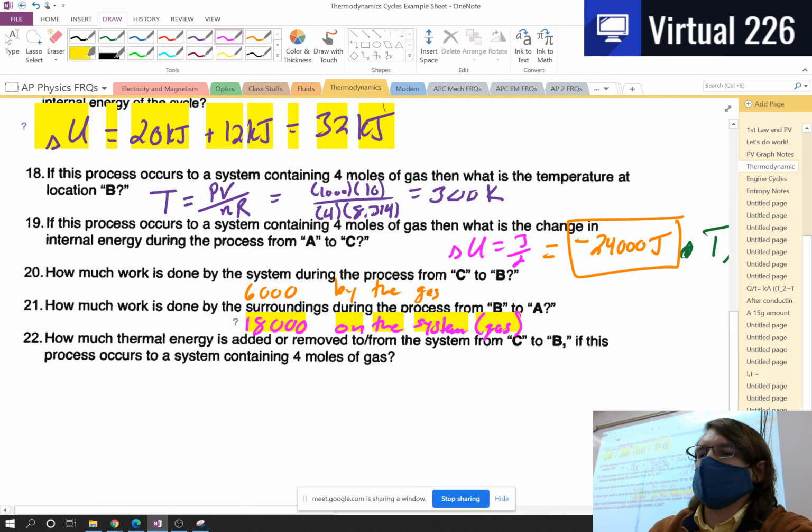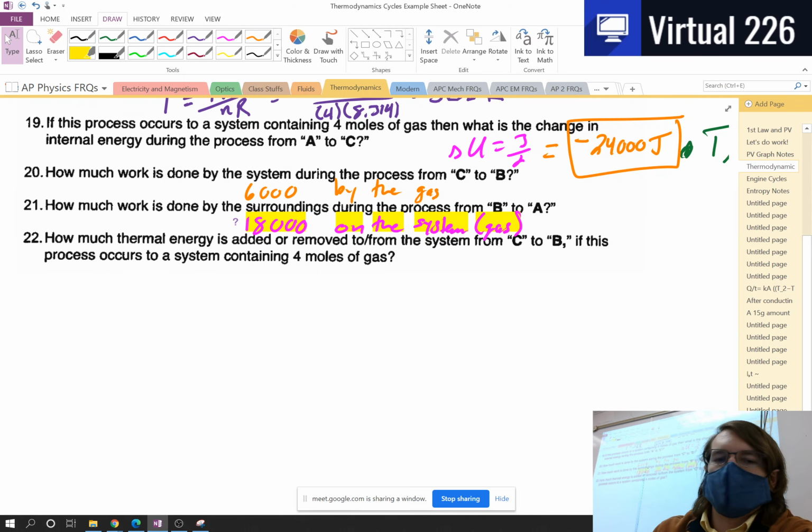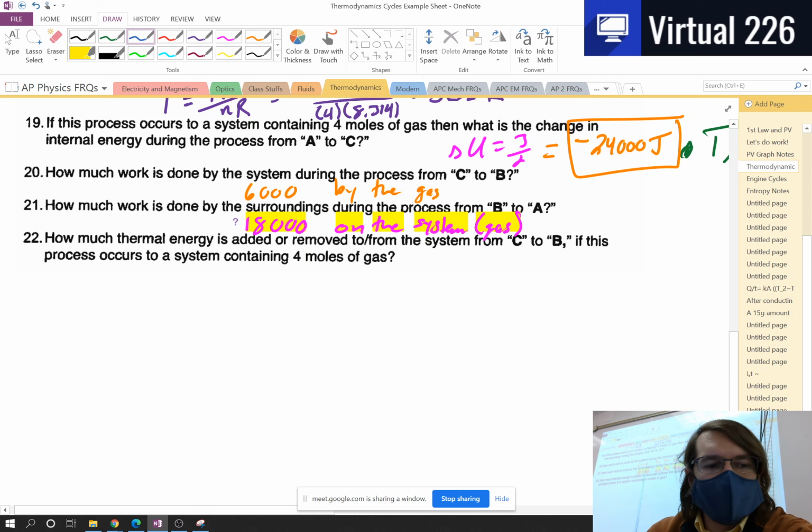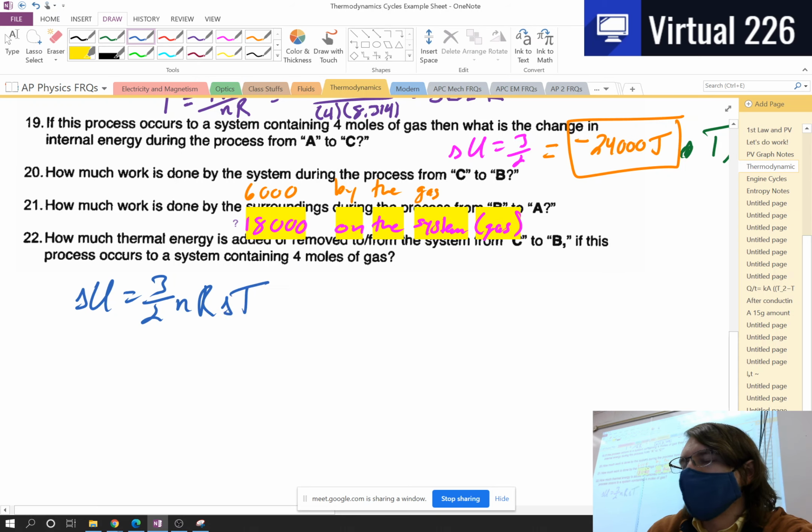And then last but not least here, how much thermal energy is added or removed from the system from C to B if this process occurs to a system containing 4 moles of gas. In this case, it's very similar to what we did on the front side, but because that video doesn't exist, what we can actually do here is do the delta U equals 3/2 nR delta T thing again.